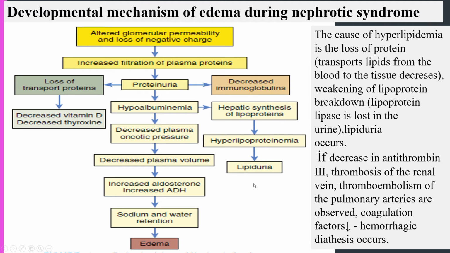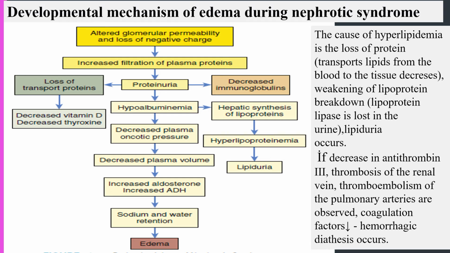The cause of hyperlipidemia is the loss of protein: transport of lipids from the blood to the tissue decreases, and lipoprotein breakdown is weakened. Lipoprotein lipase is lost in the urine, and lipiduria occurs.